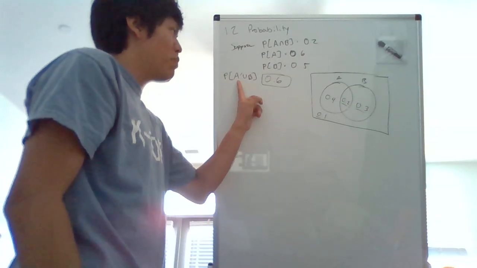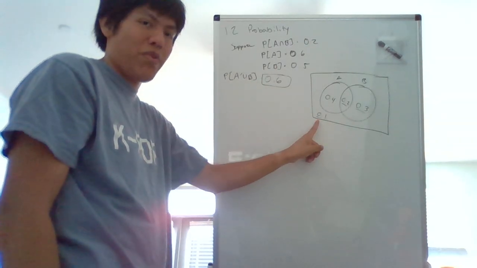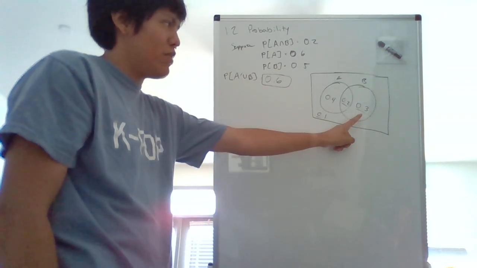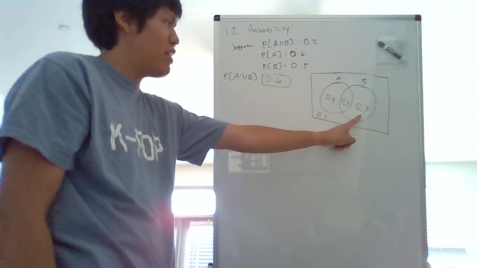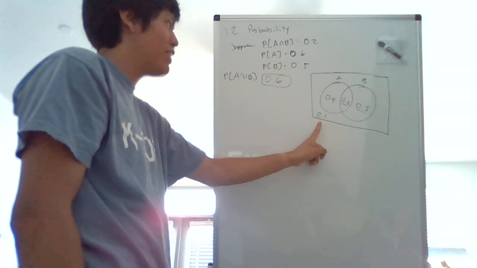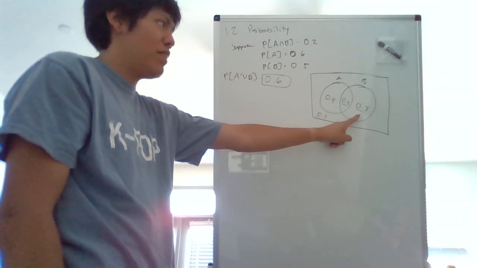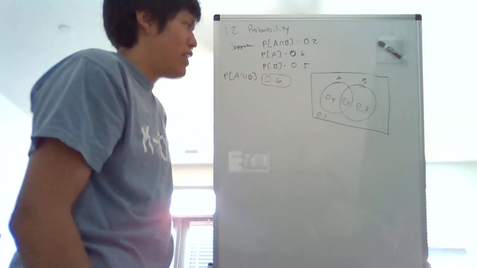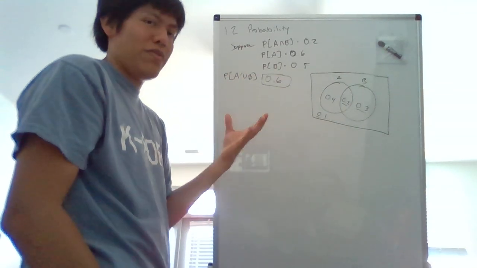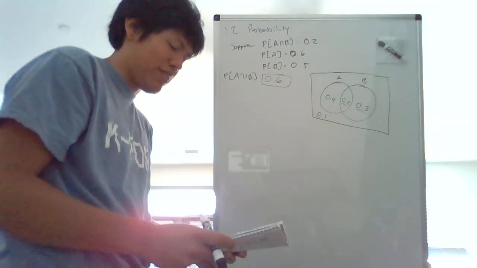So again, the probability of everything that is not in A, which is 0.3 and 0.1, or everything that is in B, which is 0.3 and 0.2. I actually should not have double underlined the 0.1. That was my fault. I should have only double underlined the 0.3. So, yes, those are the three probabilities we're looking at. We add them together, we get 0.6. Make sure you don't double count anything, and that's our answer.